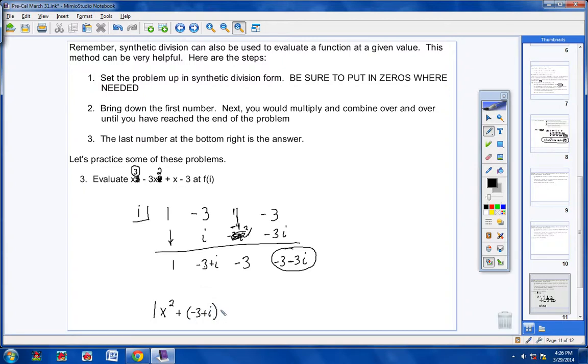That whole expression is your x coefficient. The 1 was your x squared coefficient. Negative 3 plus i is your x coefficient. And then the next number is a negative 3. That's your constant term. And then for your remainder, you could put plus negative 3 minus 3i all over i. Because that's what your remainder would be.